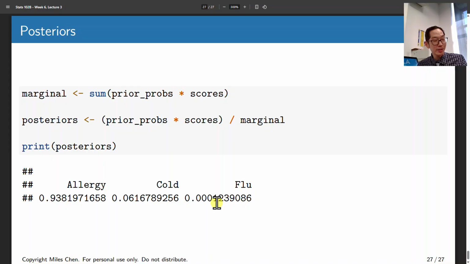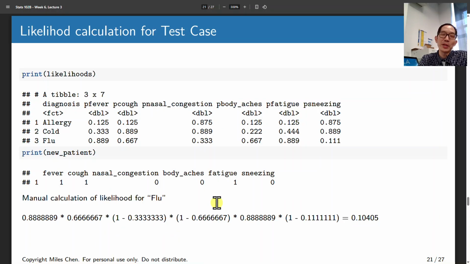I guess that's it. That's all I have prepared for today's lecture. These are just two use cases for the naive Bayes classifier, where all of our calculations are simplified because we're not going to bother estimating covariances between any of these terms, and yet we still get decent performance.